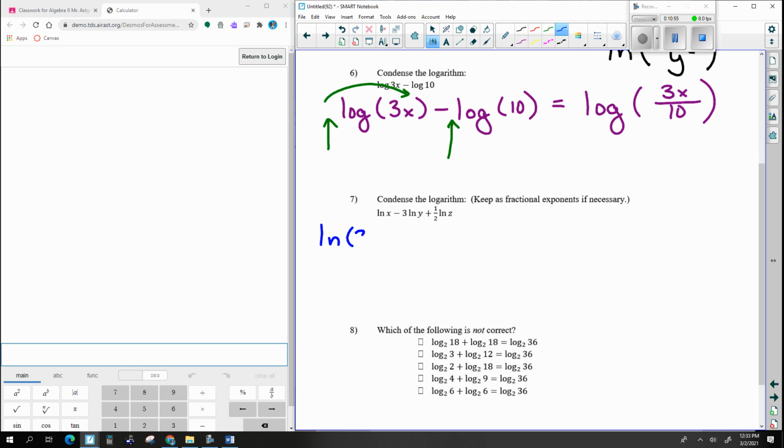Okay, here I have the ln of 3 minus 3 ln of y plus 1/2 ln of z.